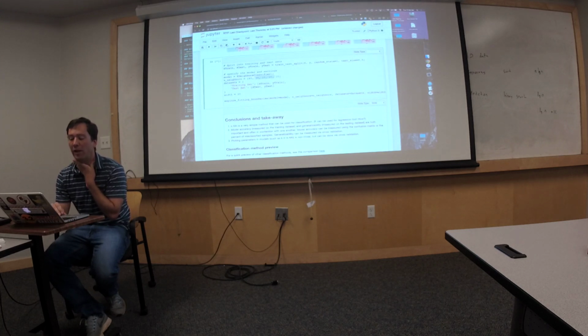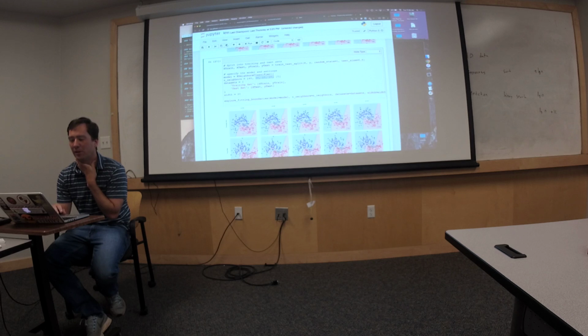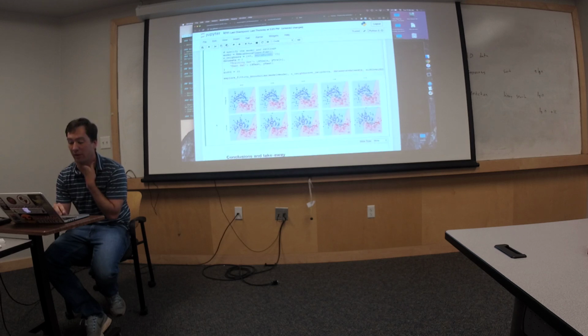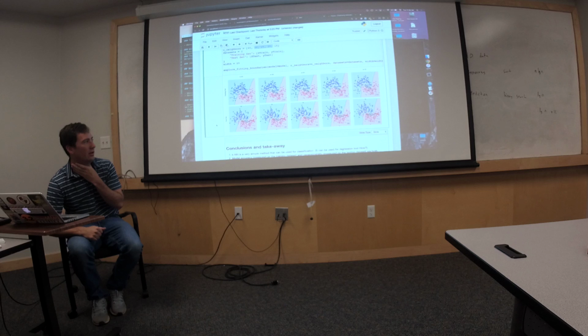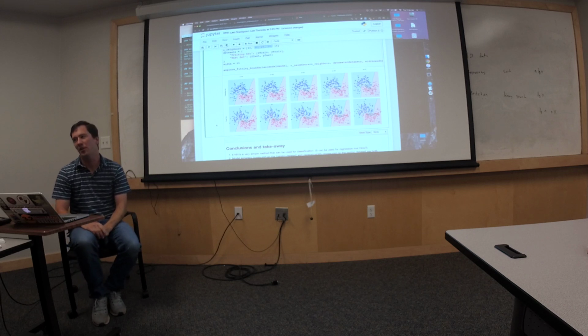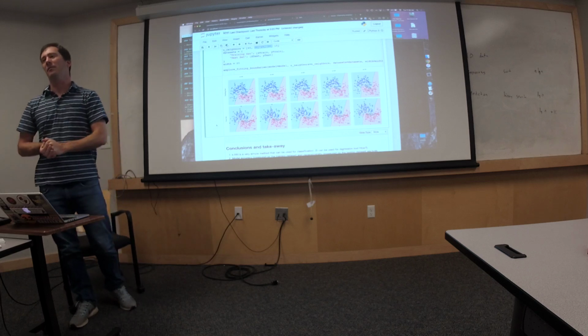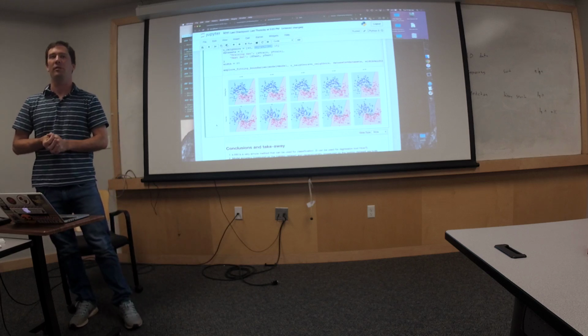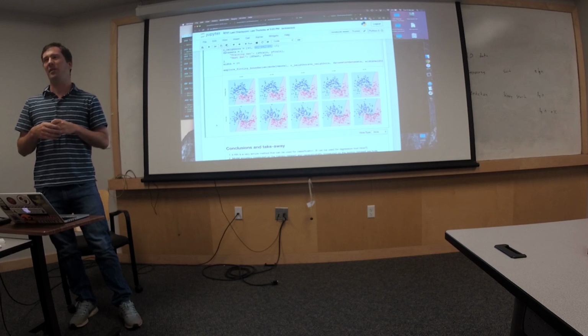I expect that 20 and 30 are going to be pretty close to as good as 25. You can see these all look pretty similar. The accuracies are all very close. The sensitivity of the K parameter is not super high, especially if you have a lot of data. That's a nice thing: you don't have to spend a lot of time adjusting your K. It doesn't matter that much as long as you're in the right range.